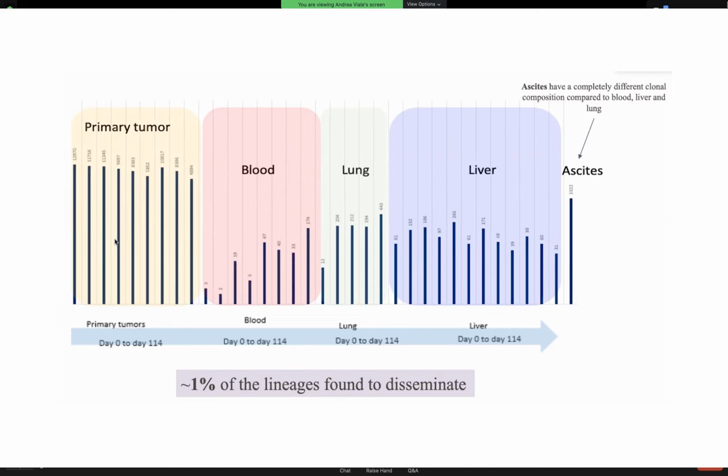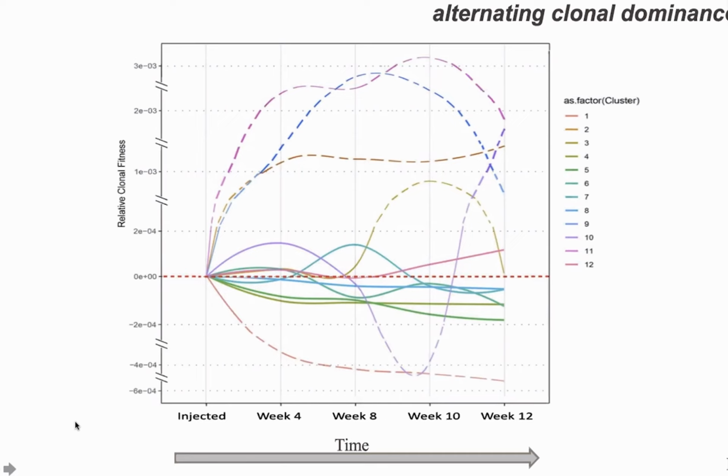So we performed clonal dynamics studies in different organs, and here I'm representing what is happening in the primary. We found an unexpected degree of complex dynamics that naturally occurred during tumor expansion over 3 months.